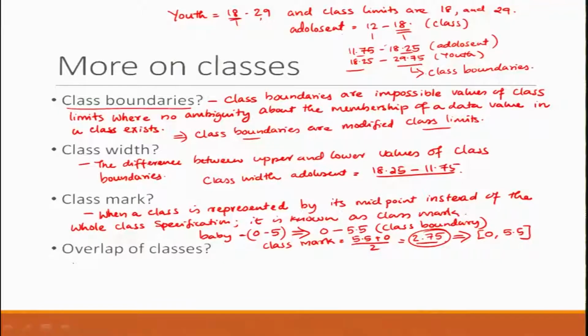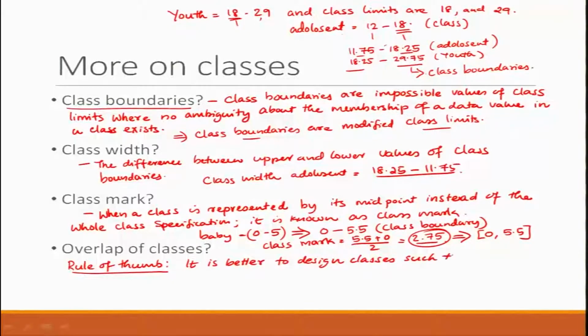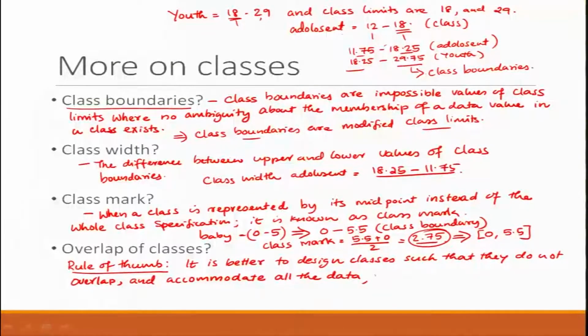There are overlapping classes, but as a rule of thumb, or general rule, it is better to design classes such that they do not overlap and accommodate all the data, and all classes are of the same size. This is what we call the desirable design of classes.